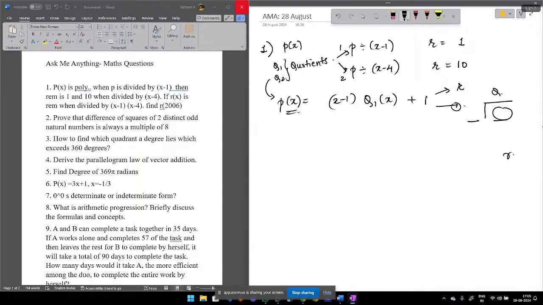Okay, now statement number 2, p of x is also equal to, when I have x minus 4, तो क्या हो जाएगा मेरा यहाँ पे, it would be x minus 4 into quotient of 2, है ना? जब I'm dividing my p of x by x minus 4, I'm having another quotient, है ना, which I'm representing with what, with quotient number 2. तो क्या हो जाएगा, x minus 4 into quotient of 2 का x plus remainder. What is the remainder in this case? The remainder is 10. Okay, so this is our statement number 2.